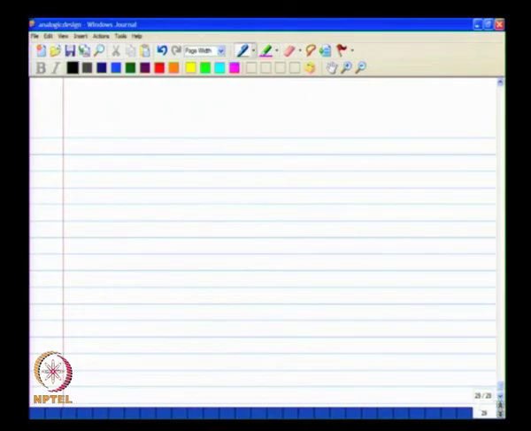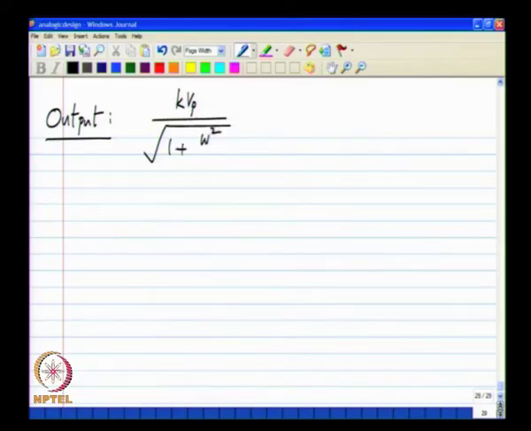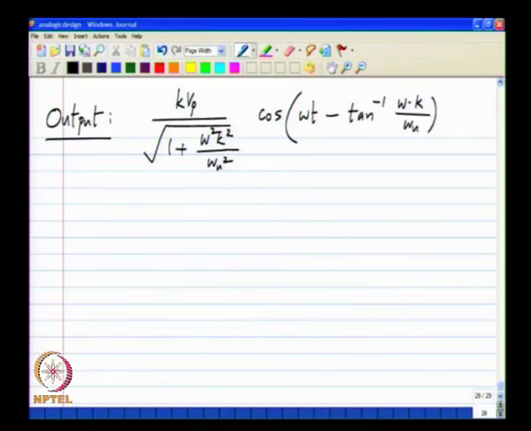Now, we can redo the approximation for high frequencies. The output I am rewriting here. Okay.